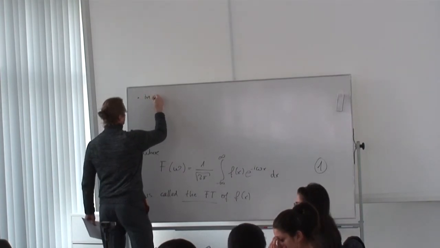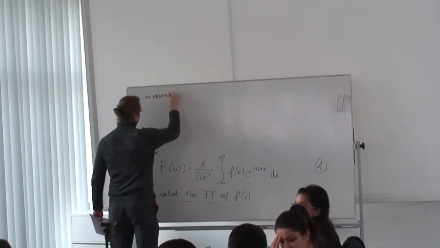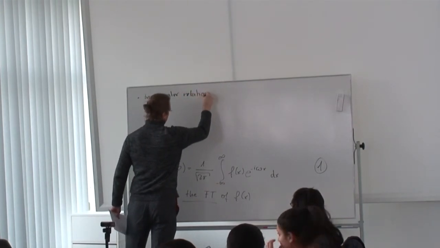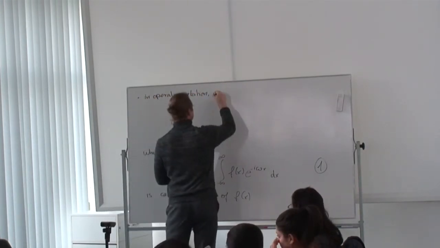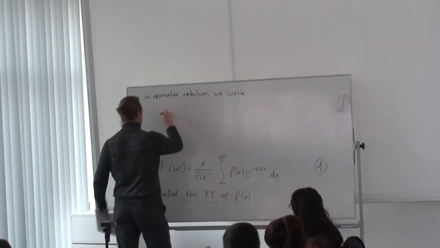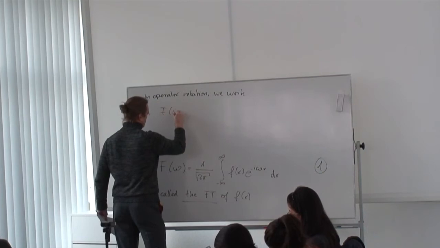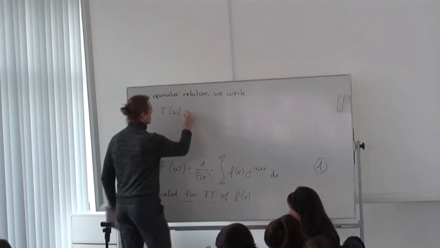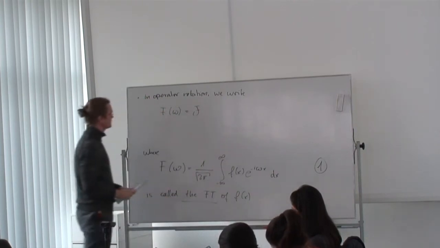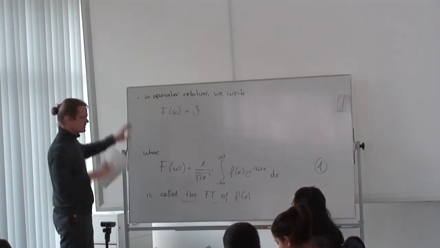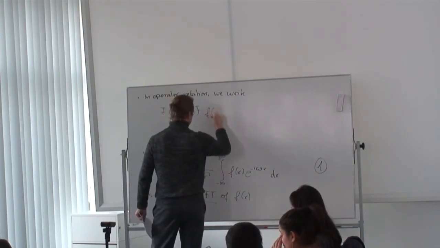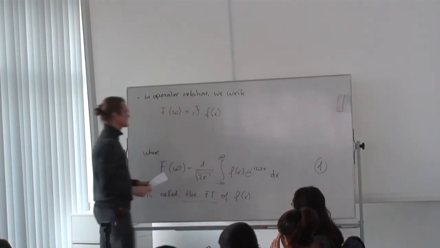So in operator notation, we write f of omega results from applying an operator, say calligraphic F. This is a very slanted f, and we apply that to this function f of x.